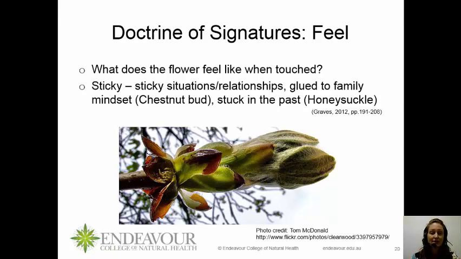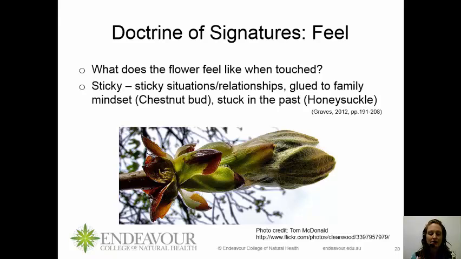One is chestnut bud in the Bach flowers, and this is all about being stuck in a mindset and not learning from the same, repeated pattern. The other one is honeysuckle, also Bach, and that's all about being stuck in the past, and it's a very sticky flower. And you can see this in flower essences.